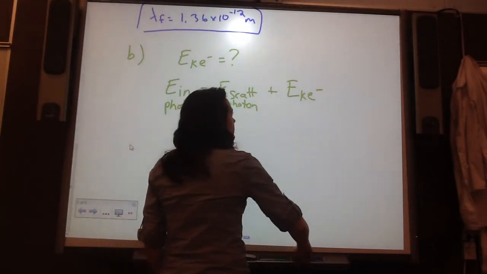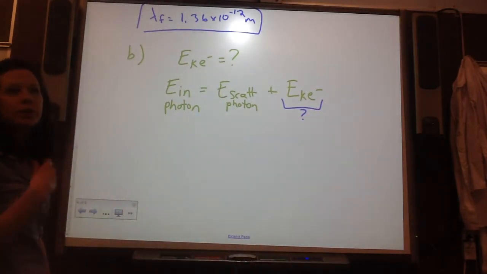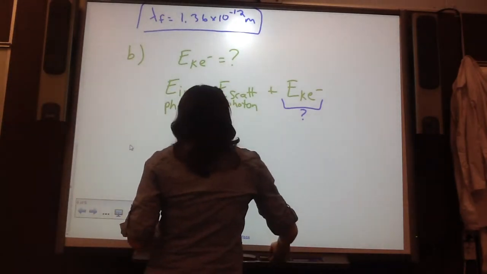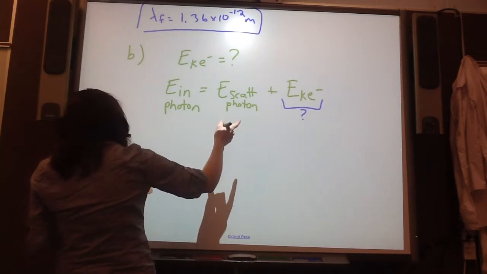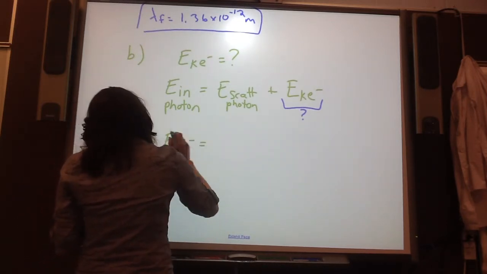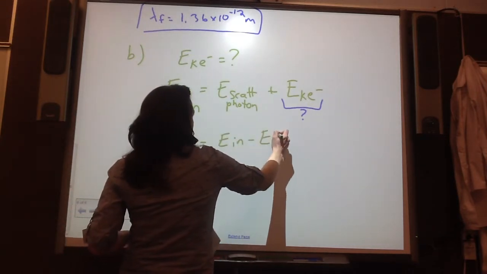The one I'm looking for is this, so I'm going to rearrange to solve for that value. EK of my electron is equal to E incident minus E scattered.